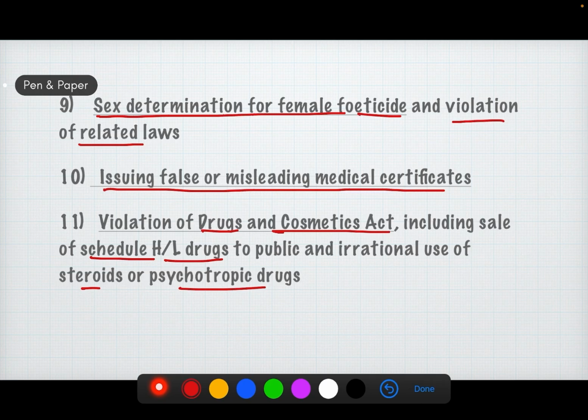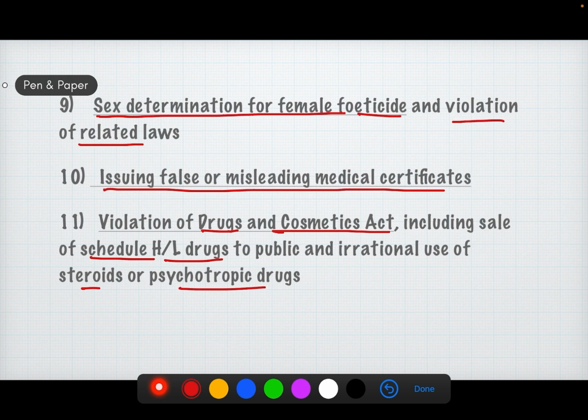So, Schedule H drugs are prescription-only medicines that cannot be sold without a registered medical practitioner's prescription to prevent misuse, resistance and harm. For example, anti-TB second-line drugs. These are Schedule H drugs.